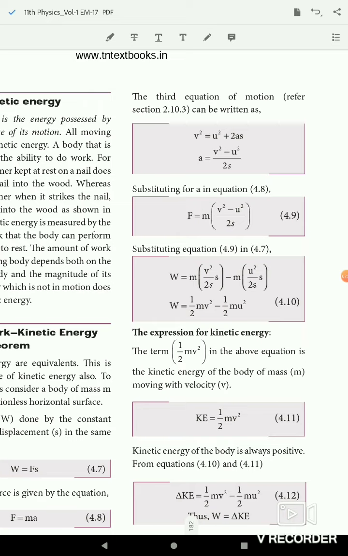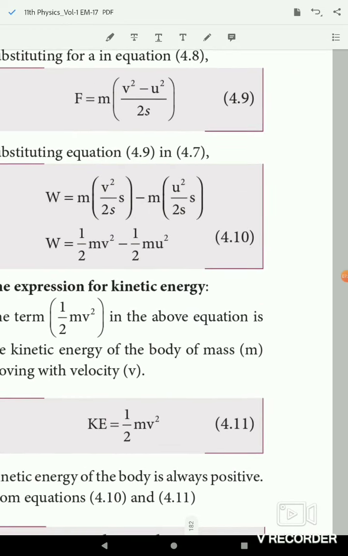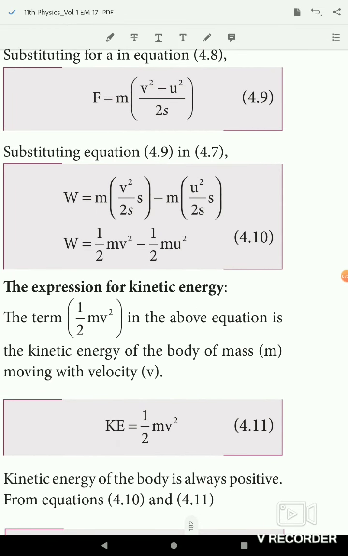Okay, so you substitute this value in this equation. Which equation? W equal to Fs. In the W equal to Fs equation, you substitute the F value.